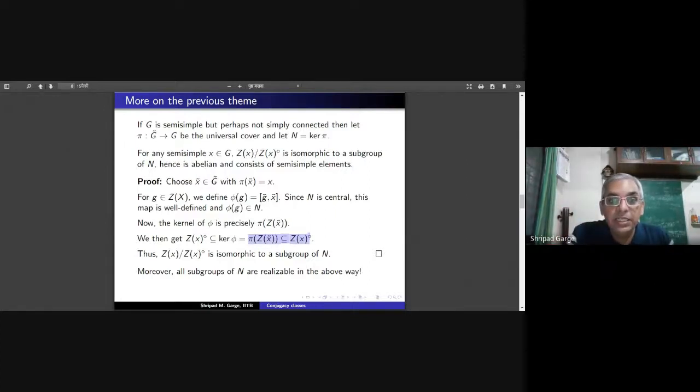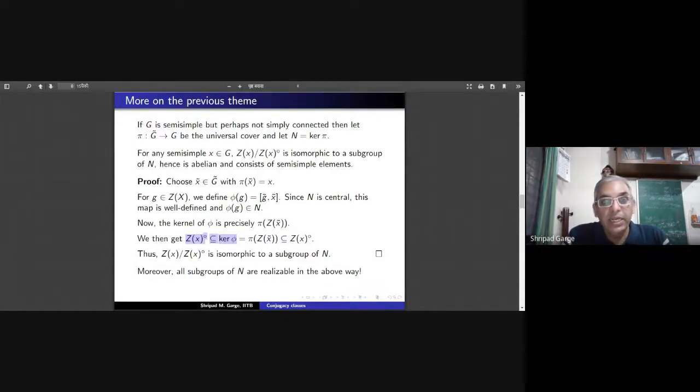So that tells us that Gx naught has to be contained inside kernel phi also. So we have Gx naught contained inside kernel phi, which is contained inside Gx naught. So kernel phi has to be equal to Gx naught. So this map phi gives you an isomorphism of Gx modulo Gx naught to a subgroup of capital N.